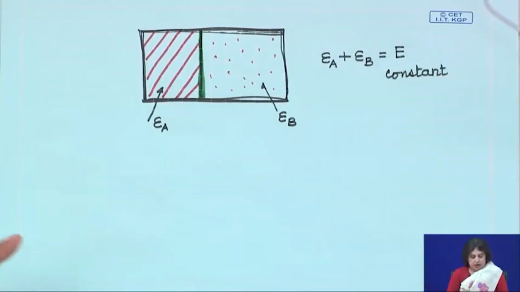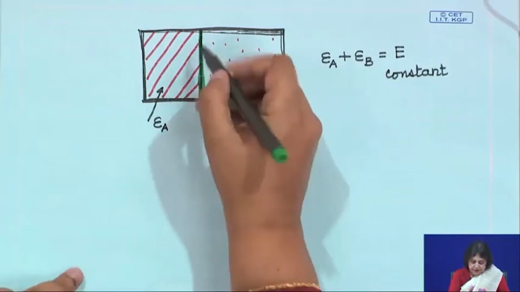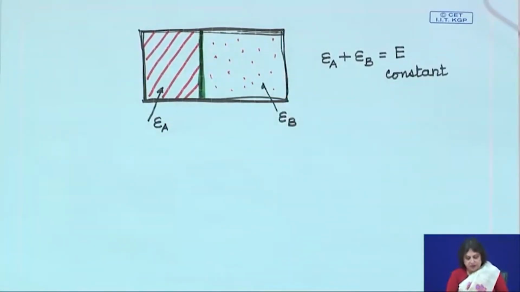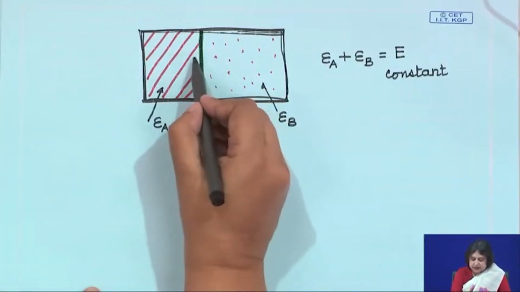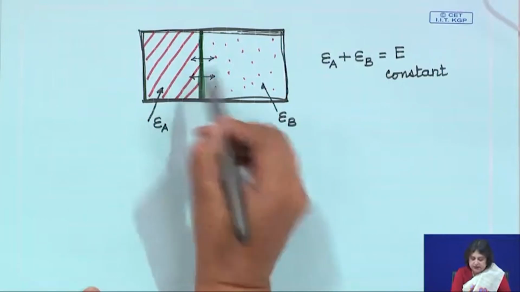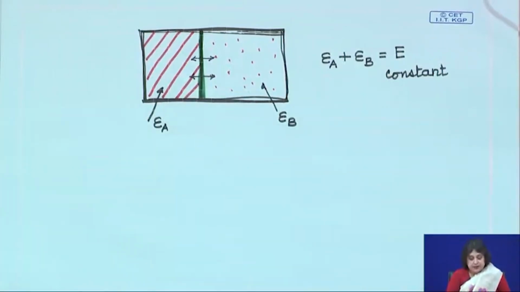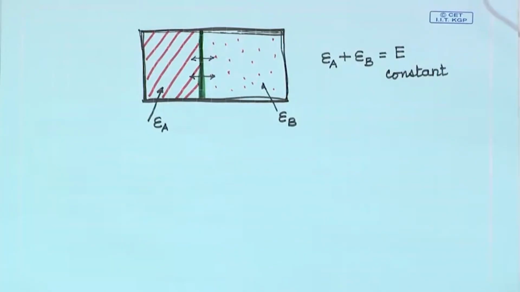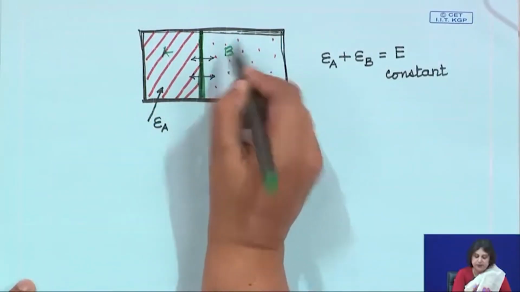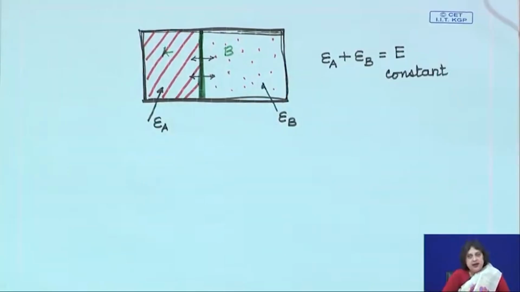Since I have made this separator weakly diathermal, these two systems can now exchange energy between themselves. But the separator being a weakly diathermal one, at any given instant of time, if you measure the energy of either compartment A or compartment B, you will find they have more or less constant values of energy.